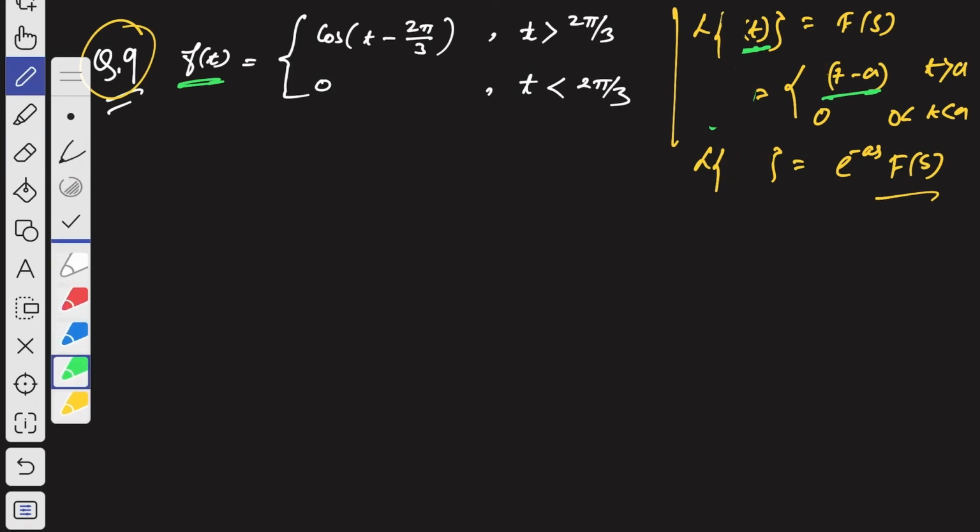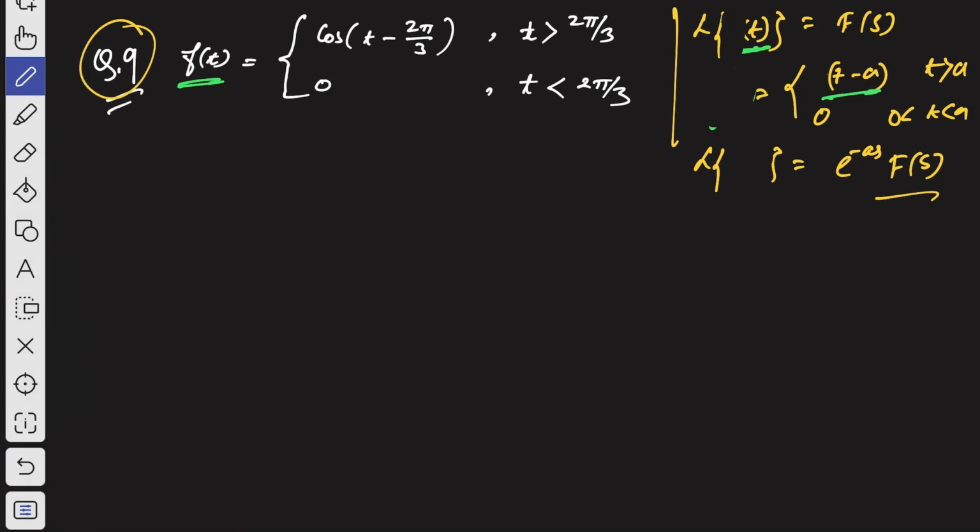Then what you will get, this is f of t, suppose, and this is g of t. Laplace transformation of g of t is suppose capital F of s, and this is a small f of t, and this is suppose small g of t. Then Laplace transformation of f of t is given by this, right? So let us do that.